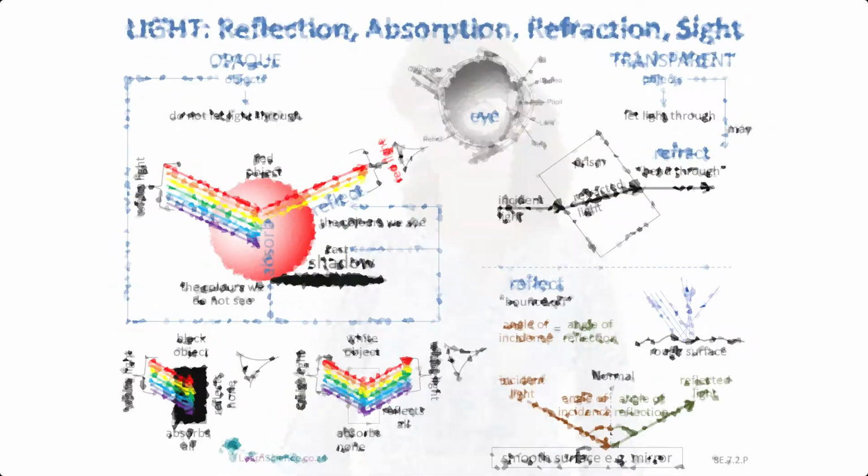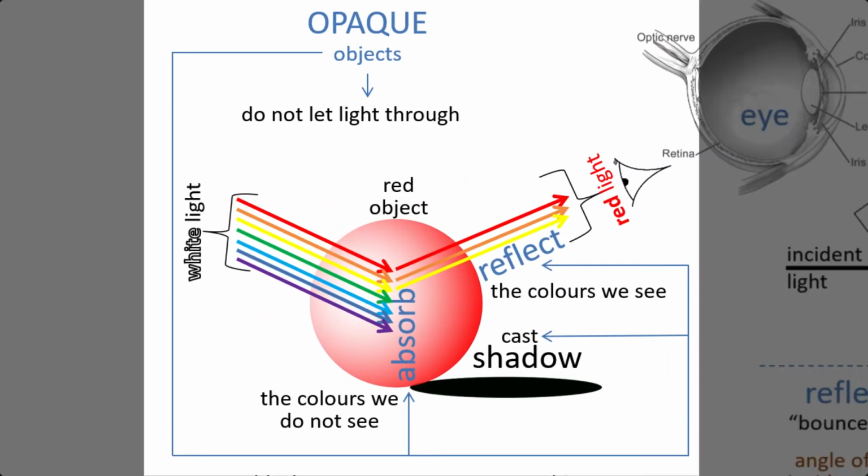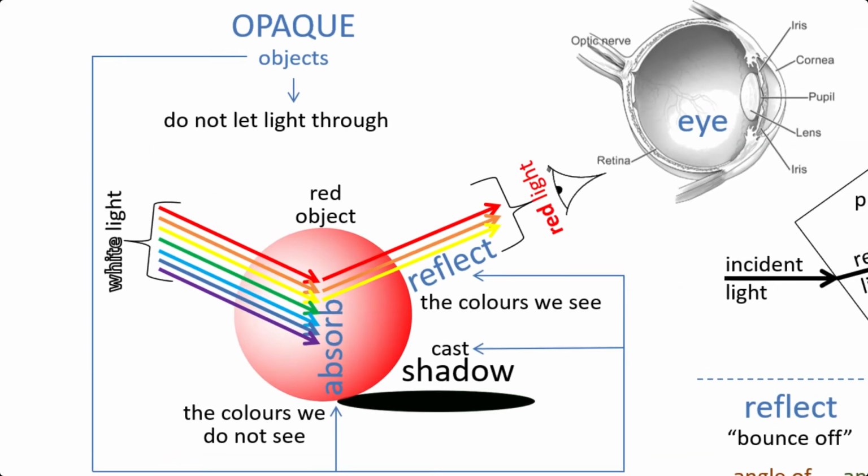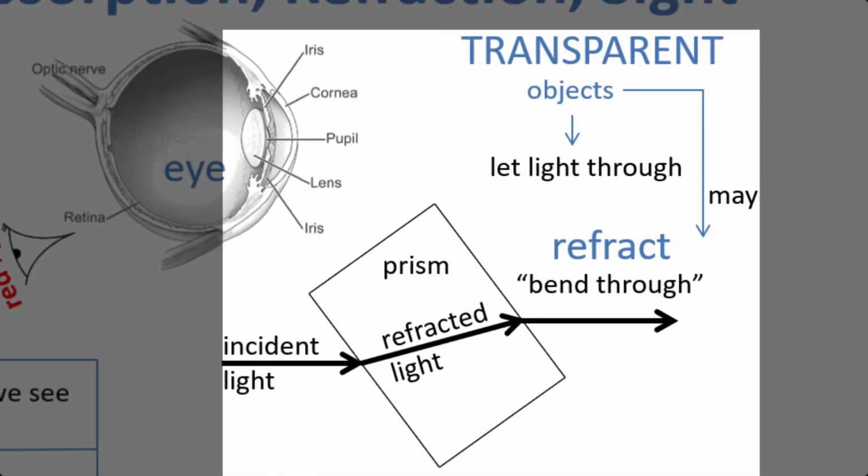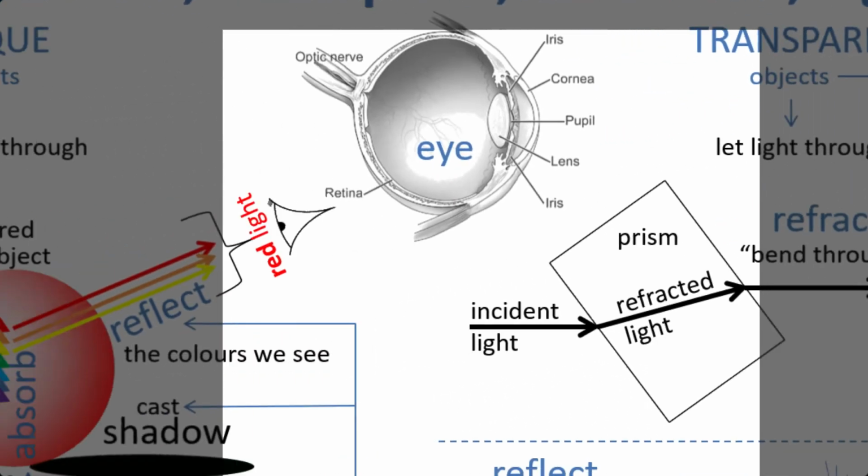To recap, non-luminous objects cannot emit light. For us to see them, light from a luminous object needs to shine on them and be reflected off and reach our eyes. Non-luminous objects may be opaque, meaning that they don't let light through them, or transparent, meaning that they do let light through them.